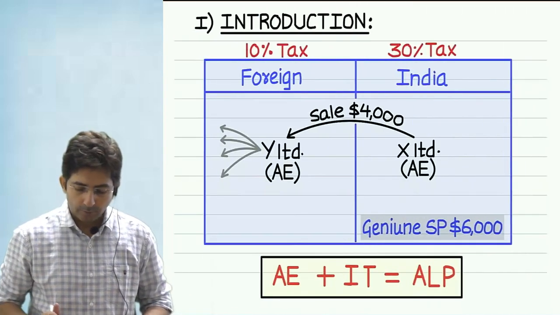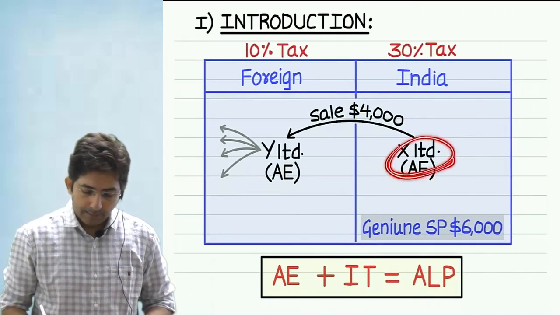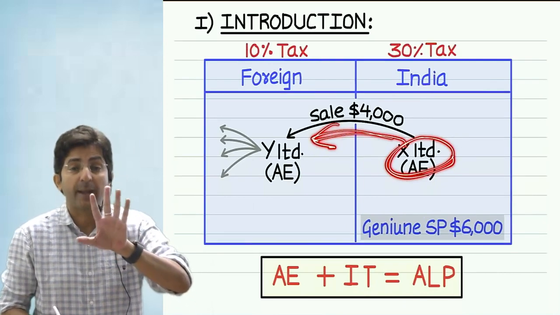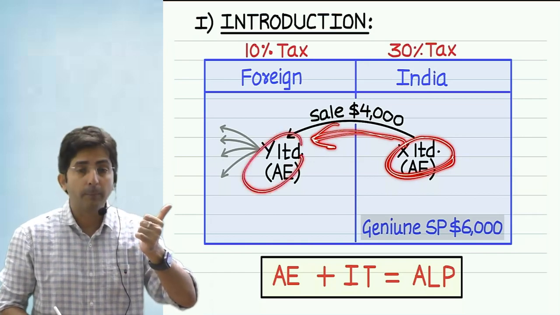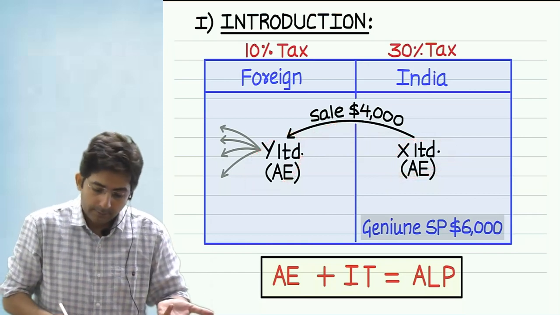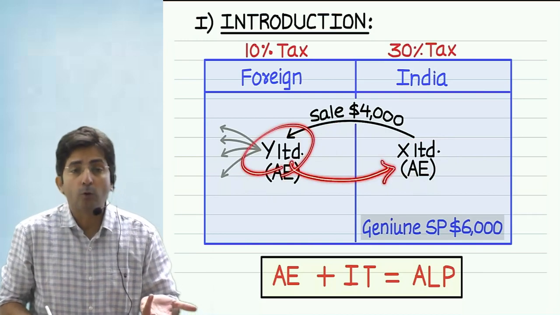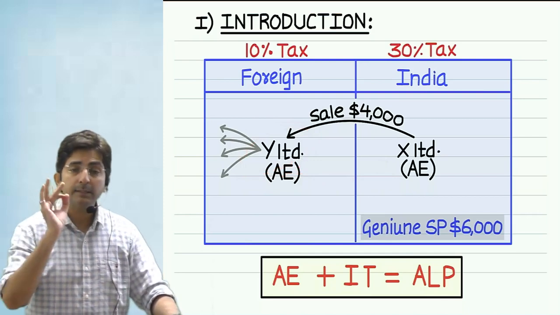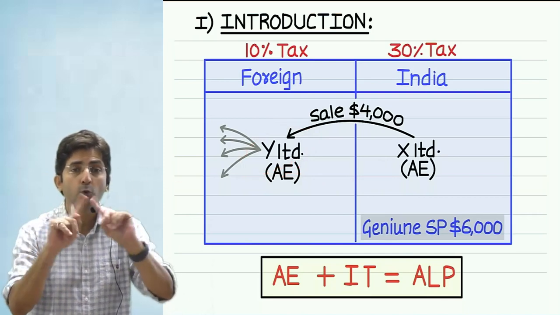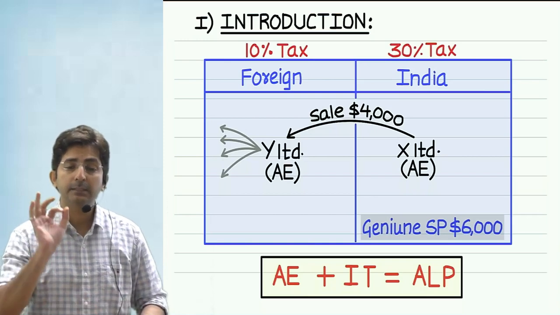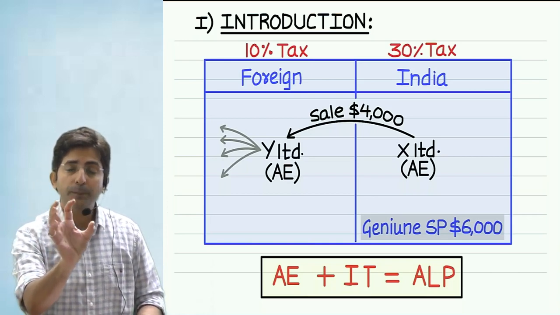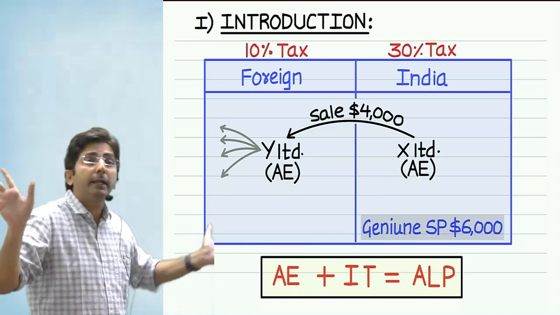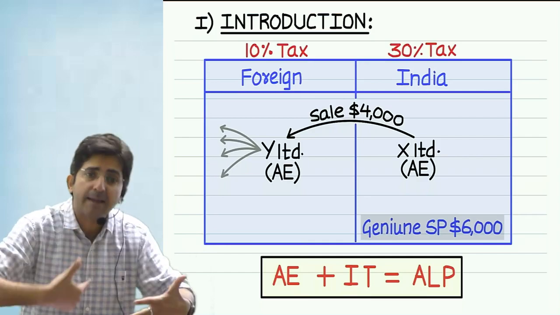Look, if X Limited has greater than or equal to 26% shares of Y Limited, or it can be vice versa, if Y Limited has greater than or equal to 26% shares in X Limited, once 26% shareholding is seen between the two entities, that means there is something close between you. You are not two different entities. You look like two separately formed entities, but internally you are one and the same.